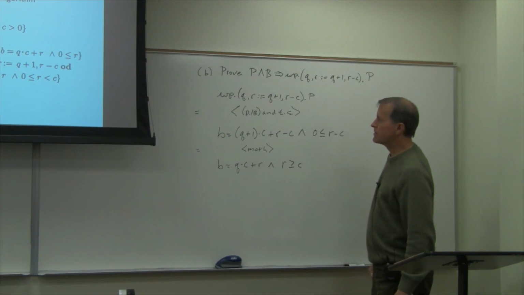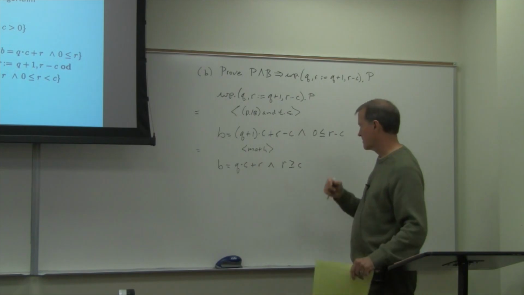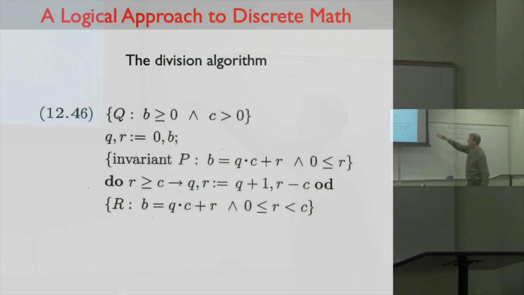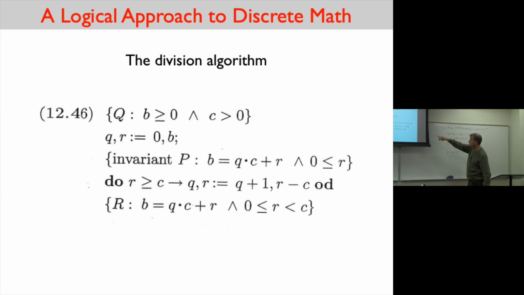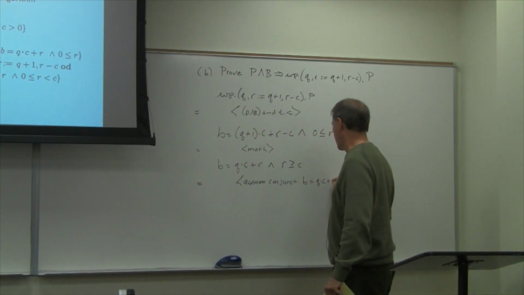Oh, what technique are we using here? We're probably going to assume some conjuncts. Yeah, it's P and B. So which conjunct can we get from the P? B equals Q times C plus R. Okay, so this equals, assume conjunct, B equals Q times C plus R. Oh, how convenient.